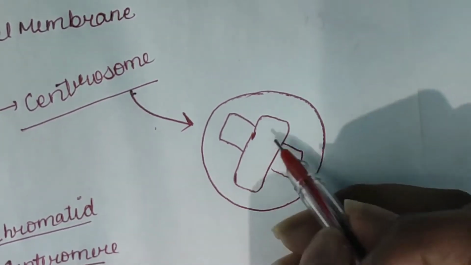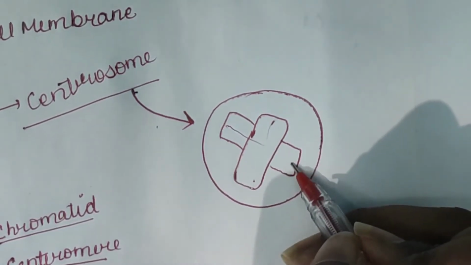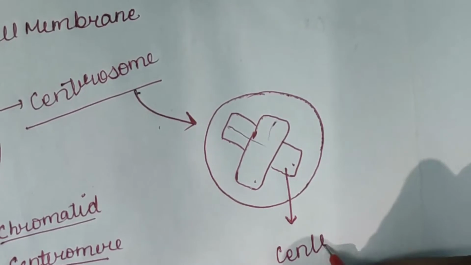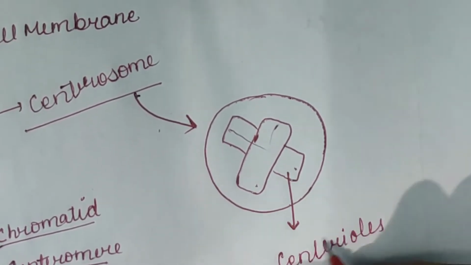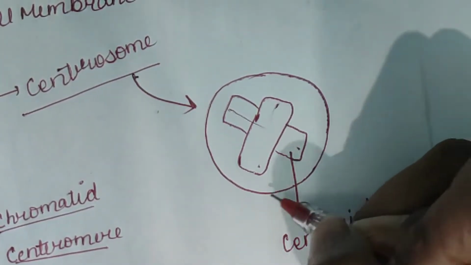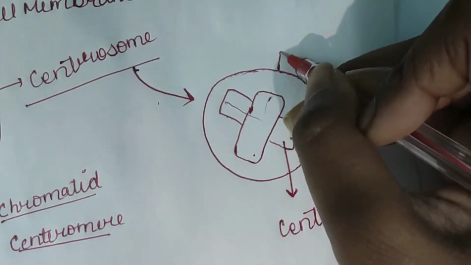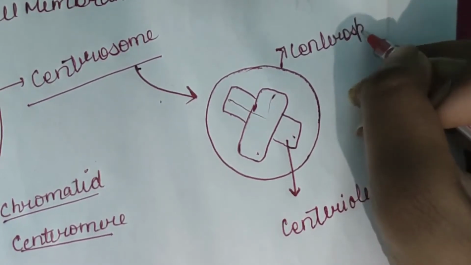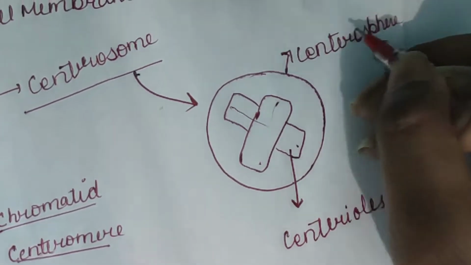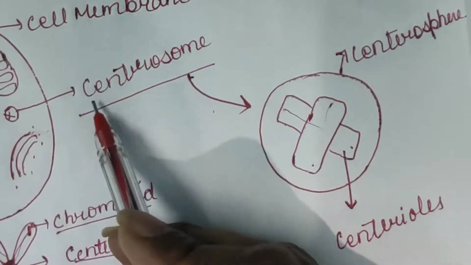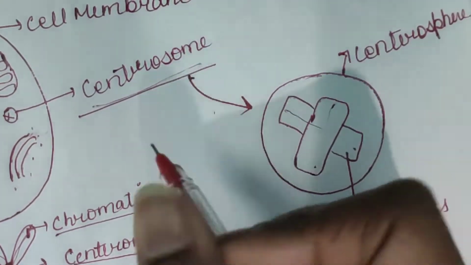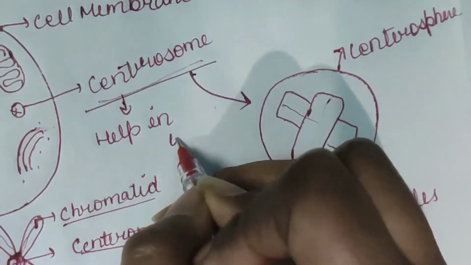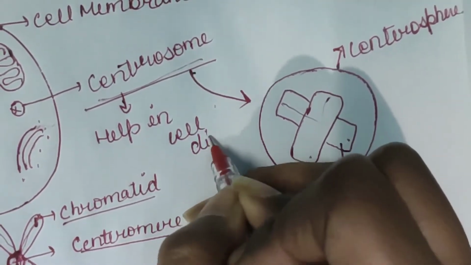A centrosome consists of two elongated rod-like structures which are called centrioles, and these centrioles are surrounded by a circular membrane called the centrosphere. If you remember, the function of the centrosome is to help in cell division.